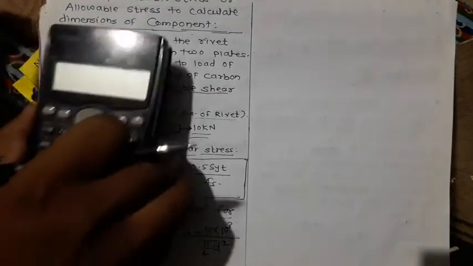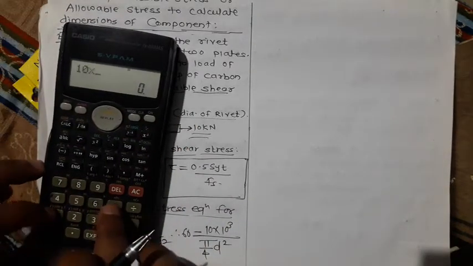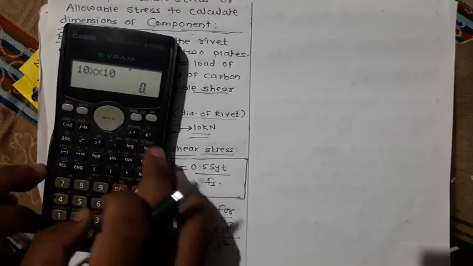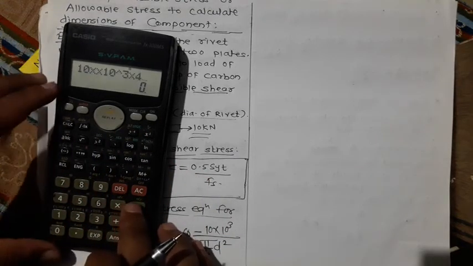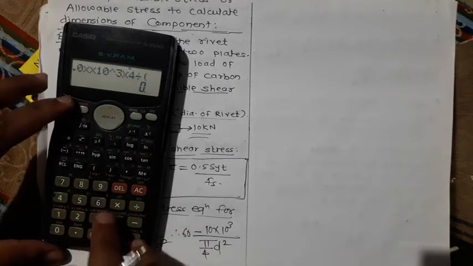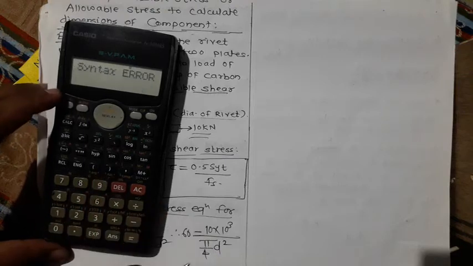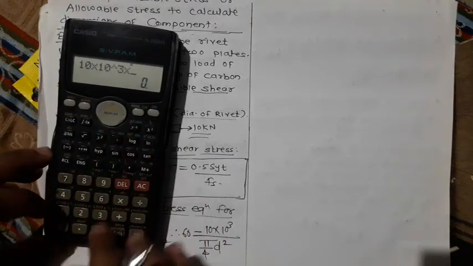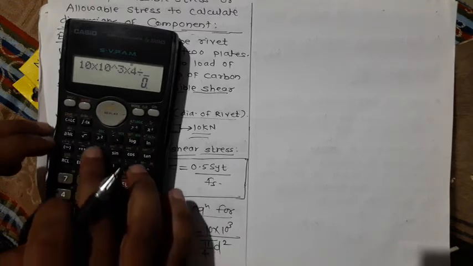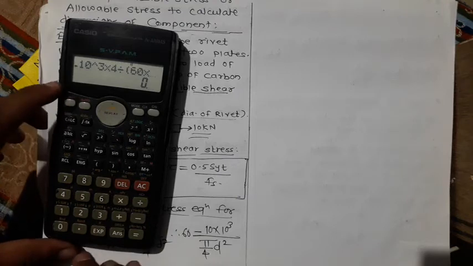So if we calculate this, we can get d equals square root of 10 into 10 raised to 3 into 4 divided by 60 into pi.